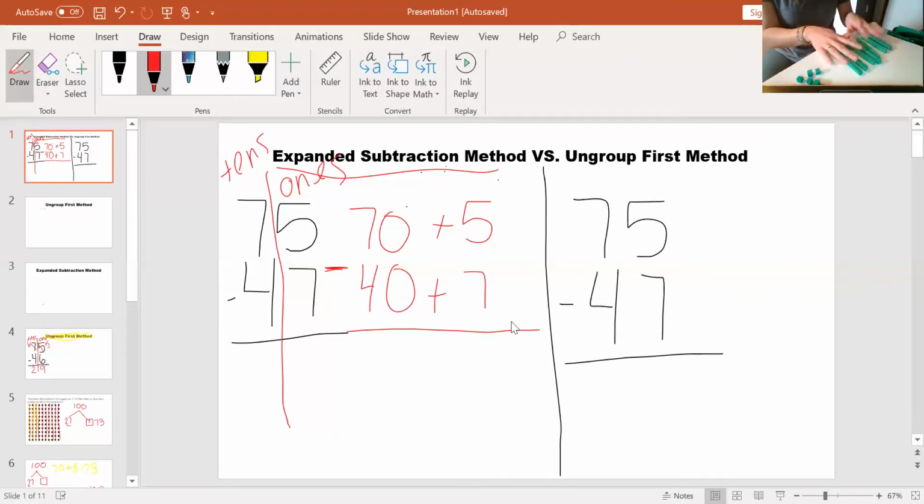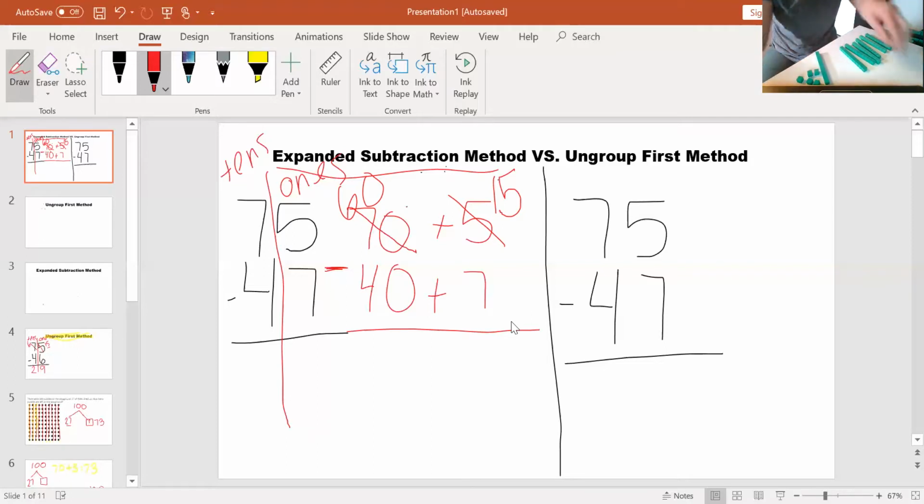Okay, so I have 10, 20, 30, 40, 50, 60, 70. I have to take from this 70 and give a 10 over to my 5. So this becomes 10, 20, 30, 40, 50, 60. And if I add 10 and 5, this 5 now is 15. And now I'm able to subtract.